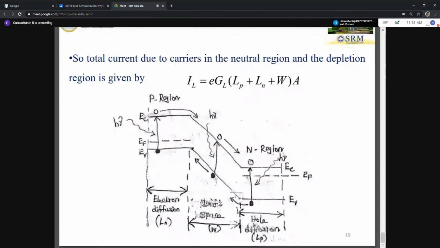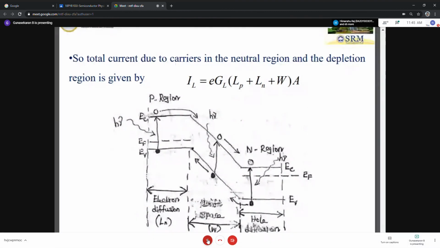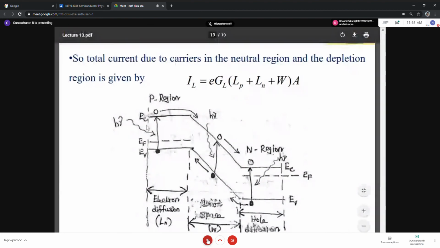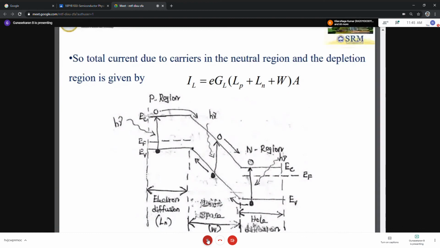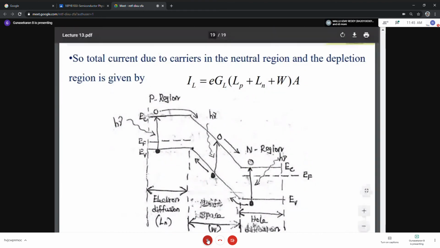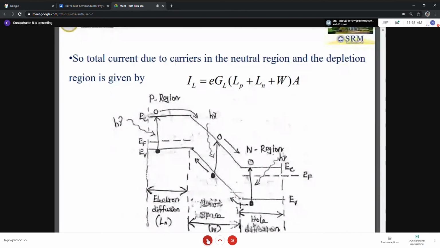See whether you understand this photocurrent concept or not. Yes, photocurrent. Photodiode. Do you understand or not? Yes or no? Yes. So I think this is your last slide, up to this you stop. Okay, so this is the total current gained from the carriers collected in those regions, in the neutral region, and sometimes the depletion region is also taken into account.